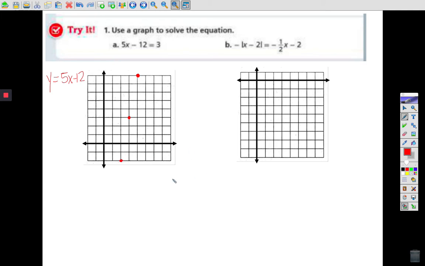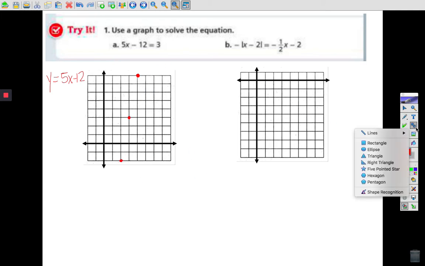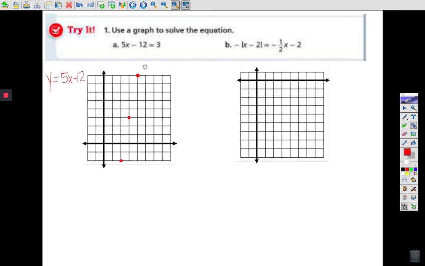So I have 2, negative 2, and then I went up 5 over 1, up 5 over 1. I went up 5 because we couldn't start at the y-intercept.